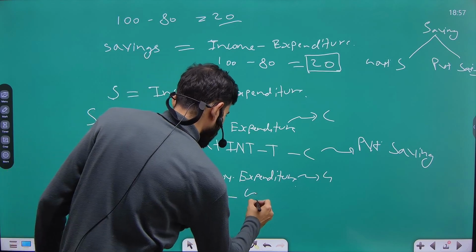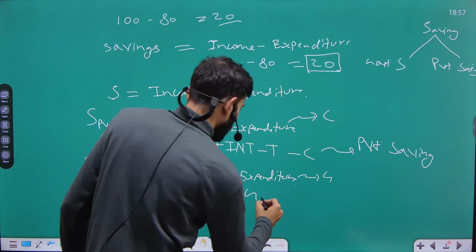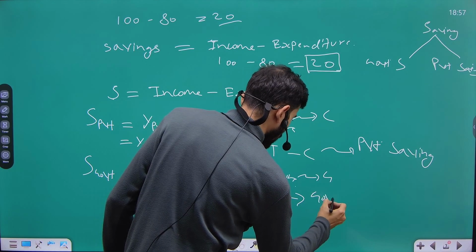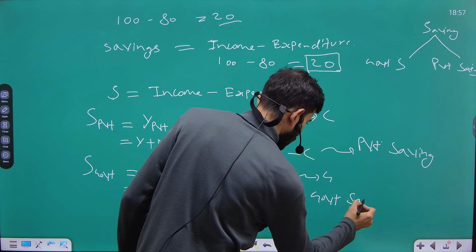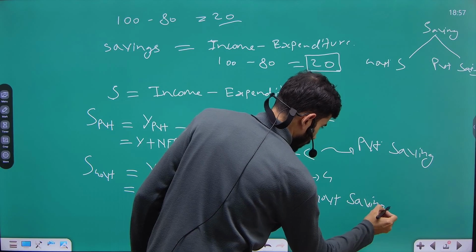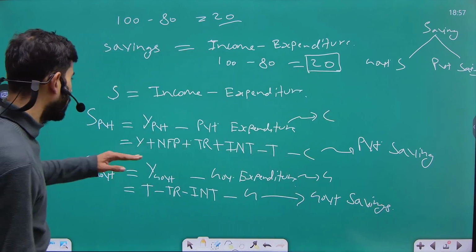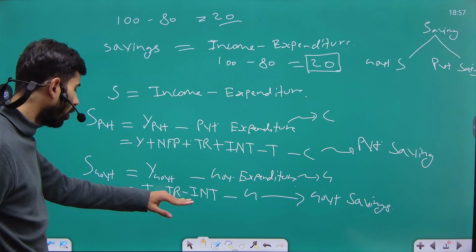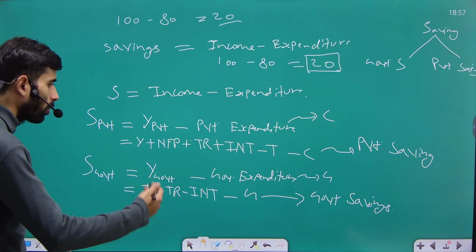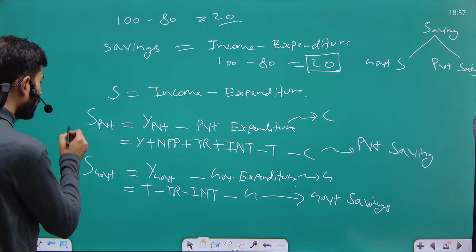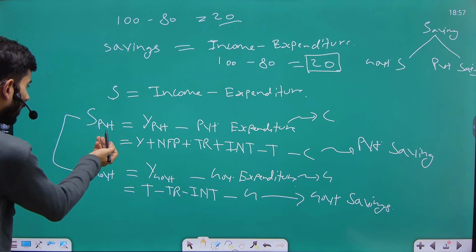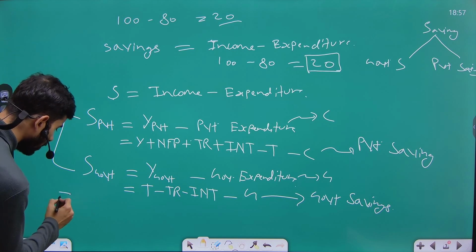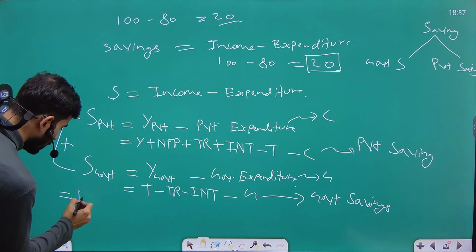So minus G. This particular term is nothing but government saving. So this equation shows private saving and this equation shows government saving. To calculate national saving, we can do the summation of these two. If we do the summation of private savings plus government savings, then we will get national saving.